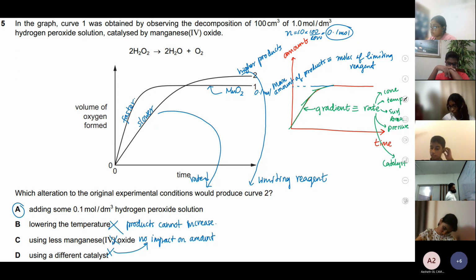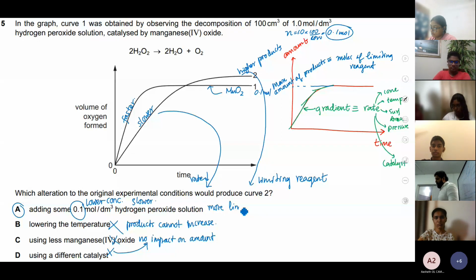More limiting reagent means more products. So only the substance exists. Then it will definitely dilute the solution because you are putting a less concentrated one.